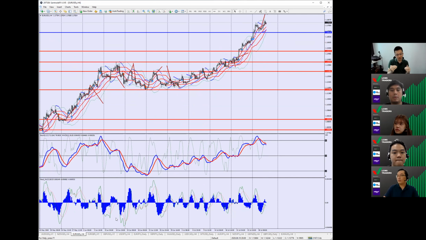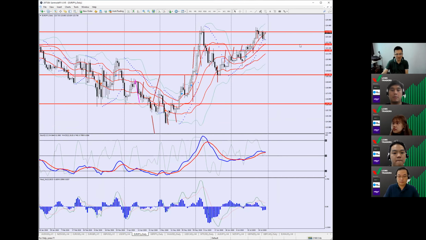Yen trying to gain strength and come down, euro US trying to go back up. So that could lead to the euro yen sitting at this 123.83 level, maybe for an extended period of time.